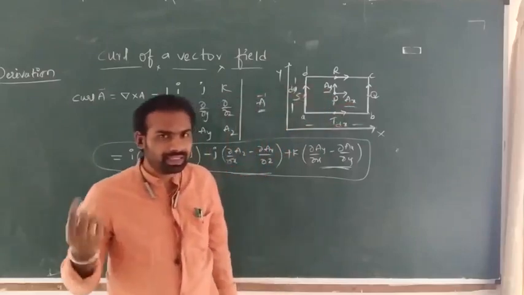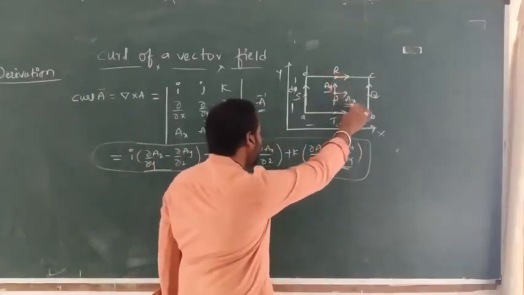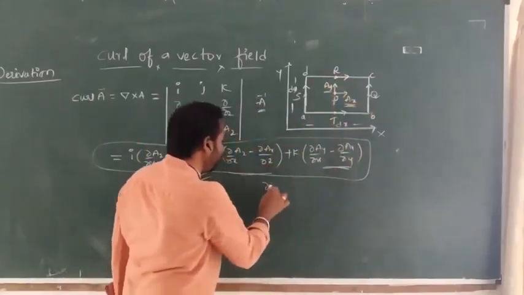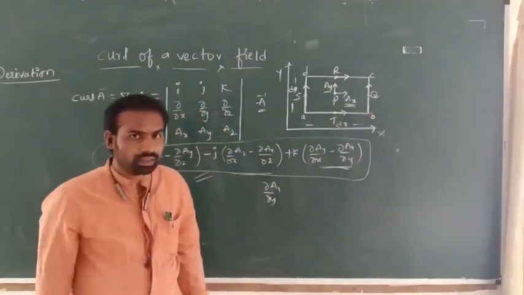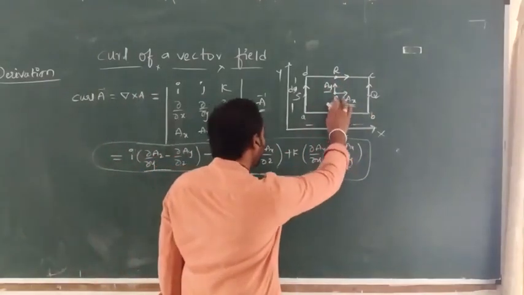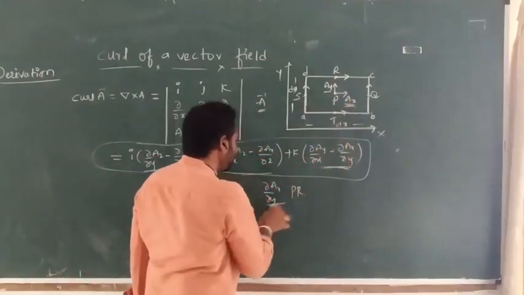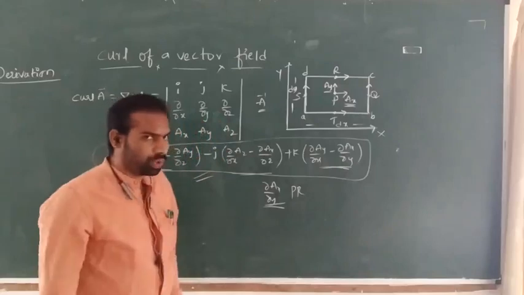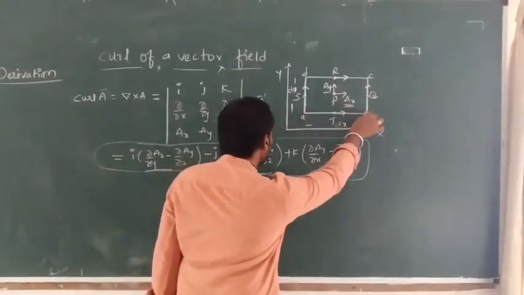Now the change in Ax along the y axis is represented by dou Ax by dou y. The change of Ax in the direction PR is dou Ax by dou y into the length of the rectangle.